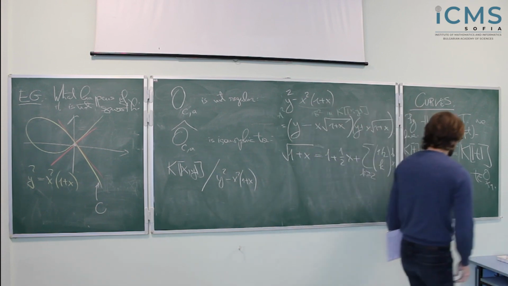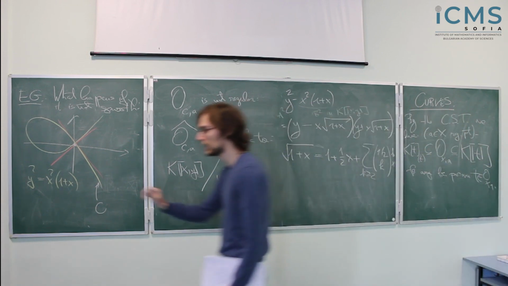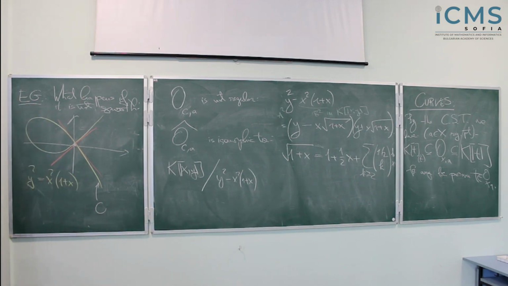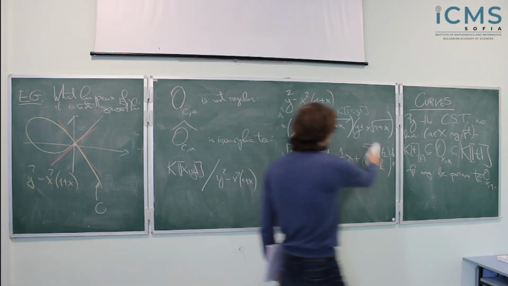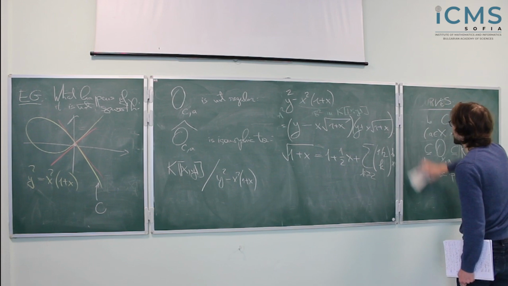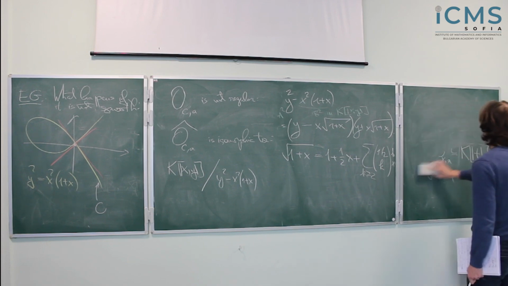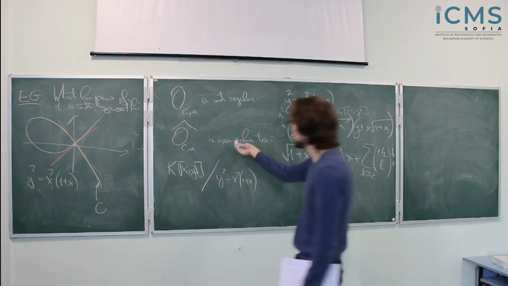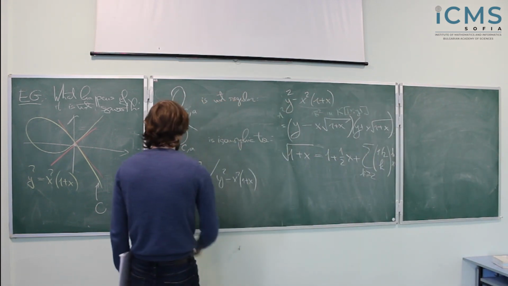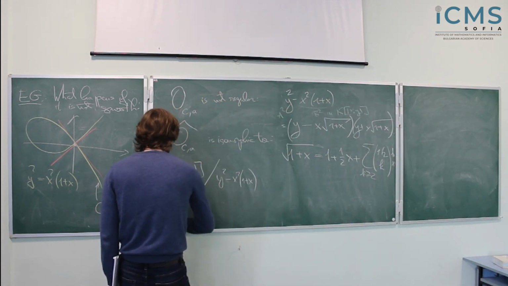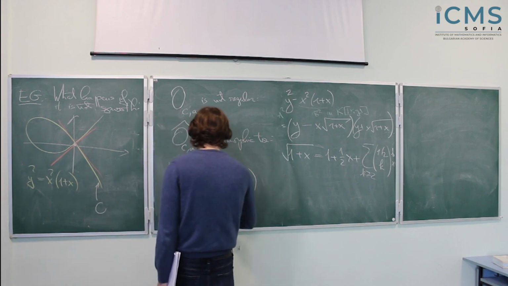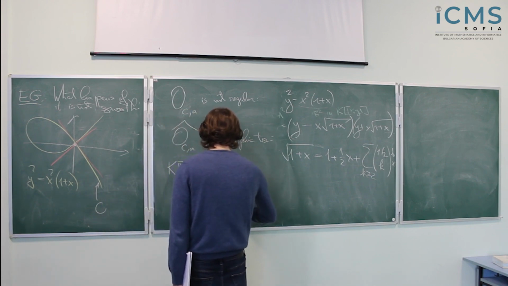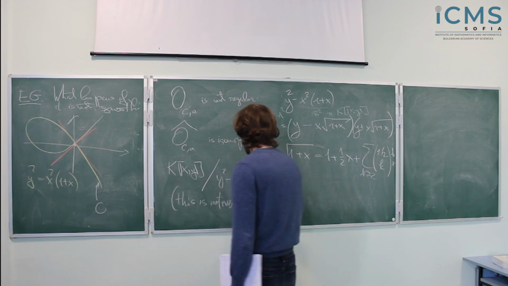This is the power series expansion of the square root. All these coefficients are non-zero, so this is why you need to accept such things. So this ring is not even a domain.